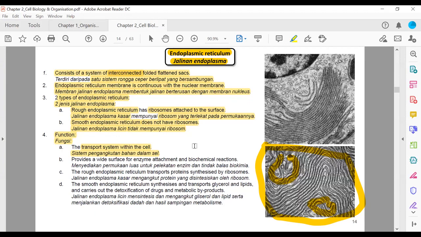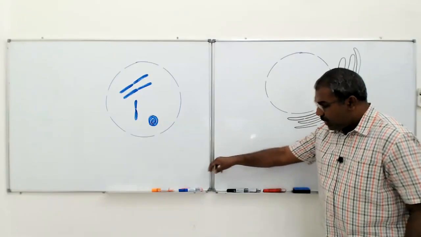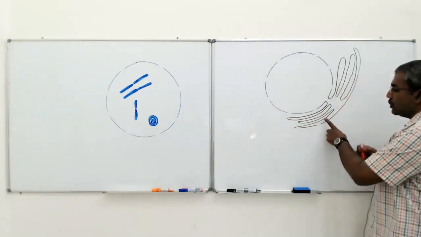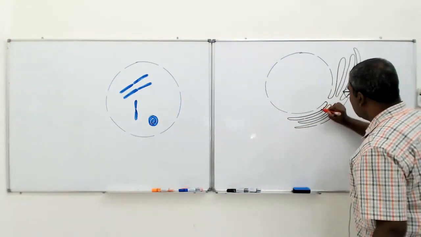So after the ribosome produces protein, protein itu akan masuk ke dalam rough endoplasmic reticulum, and the rough endoplasmic reticulum helps to transport the protein.